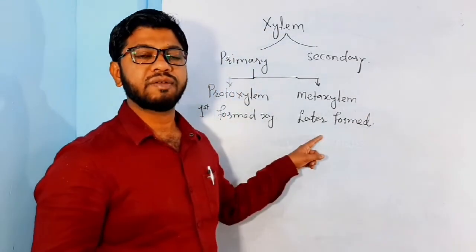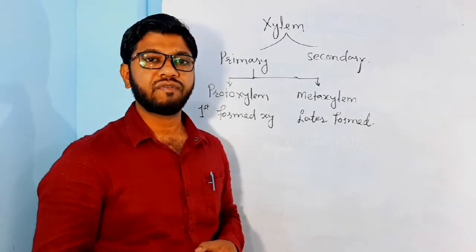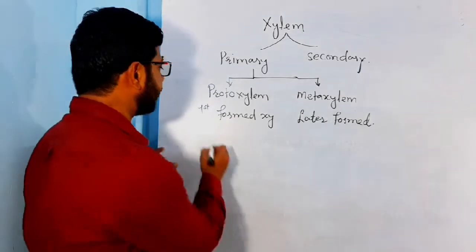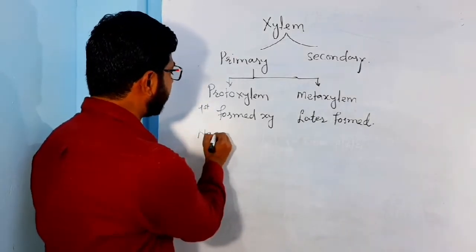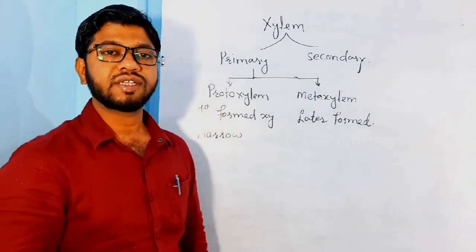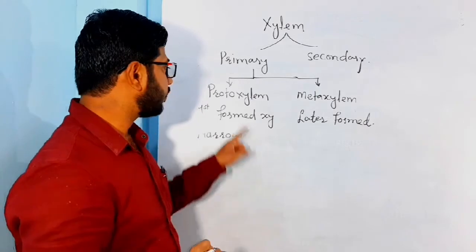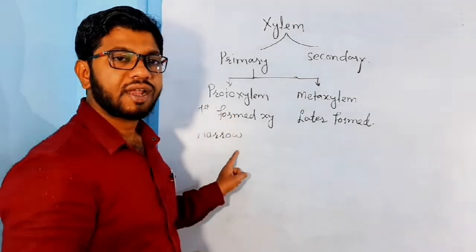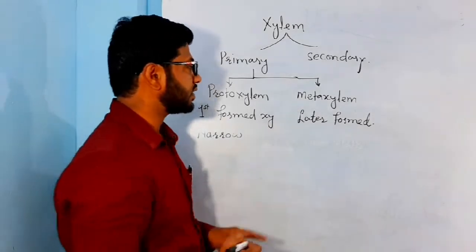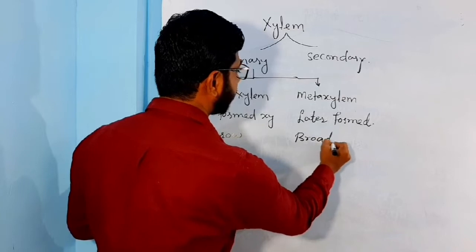This metaxylem is formed in some later stages in the life of the angiospermic plant body. Protoxylem has narrow elements, specifically the vessel element is very important. Therefore, in protoxylem, the vessel element is narrow. In spite of this, in metaxylem, the vessel element is broad.